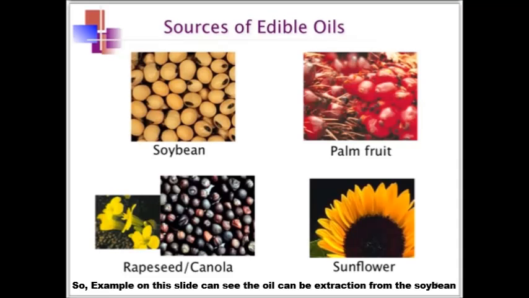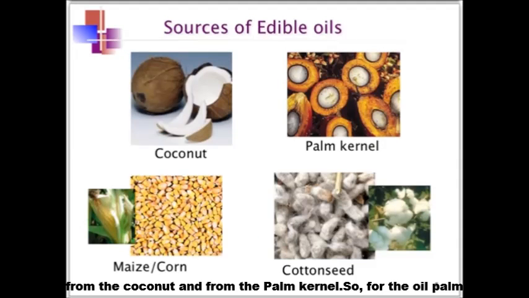So for example, on this slide you can see that oil can be extracted from the soybean, from the oil palm fruits, from canola, from sunflower, from the coconut flesh, and from the palm kernel.